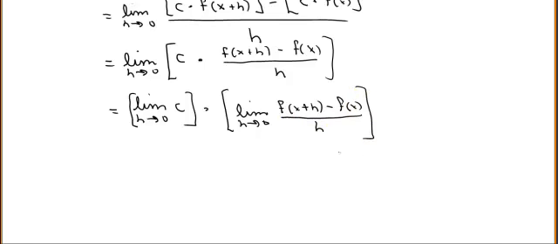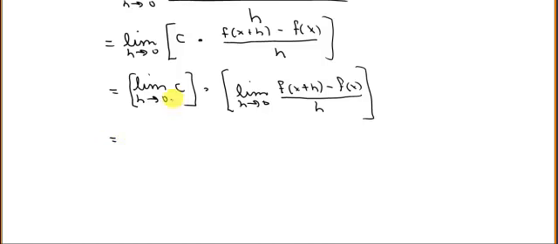And if these limits exist, well, the first one does. It's the limit of a constant, and the limit of a constant we've already seen is the constant itself. And if this limit exists, this is going to be f prime of x.